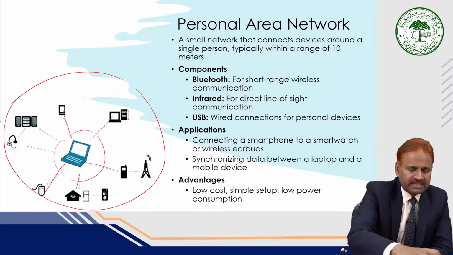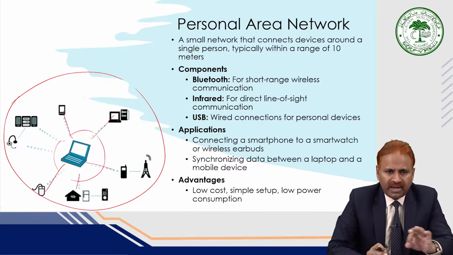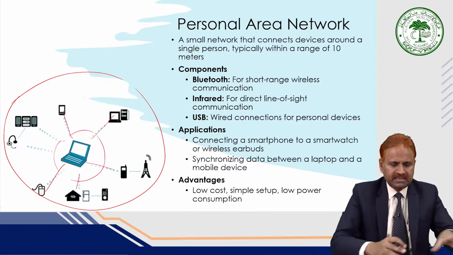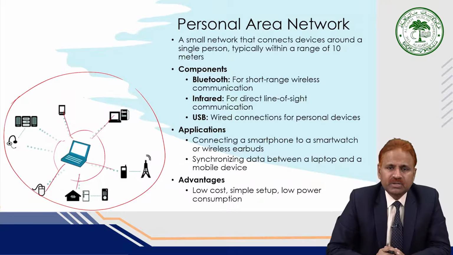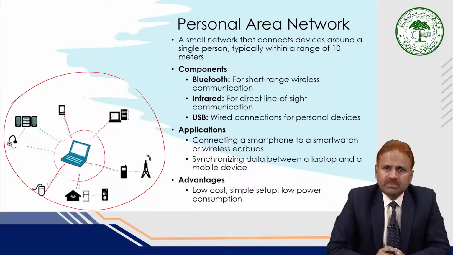They are connected via wireless media. There are no wire connections, and these devices are connected to your computer in such a way that they can communicate with each other. The technology behind this is Bluetooth.